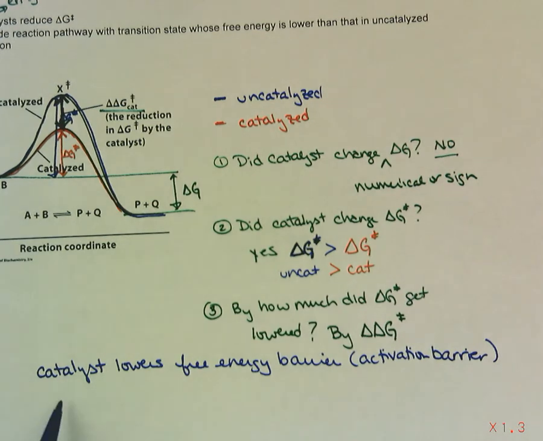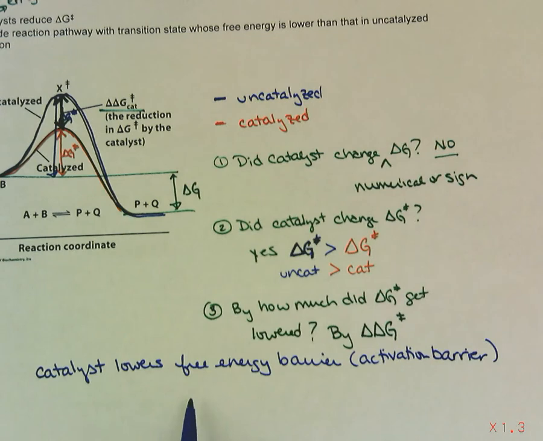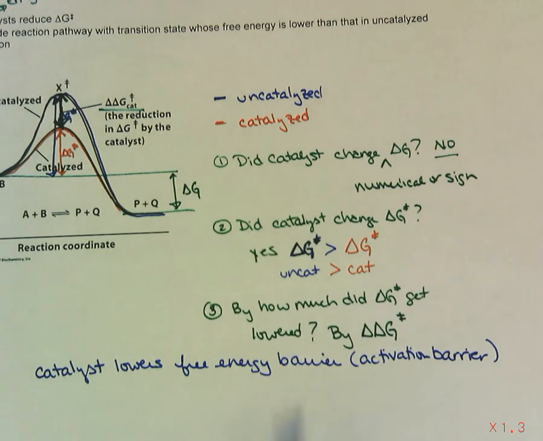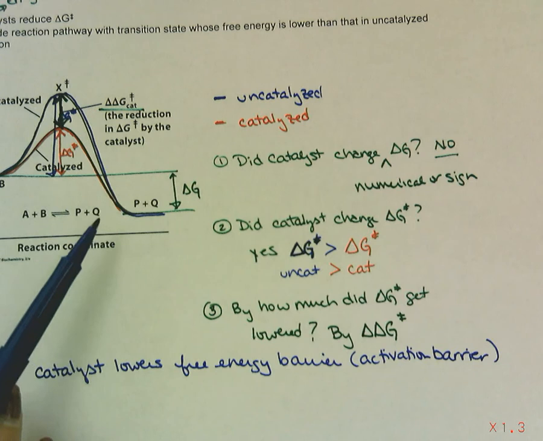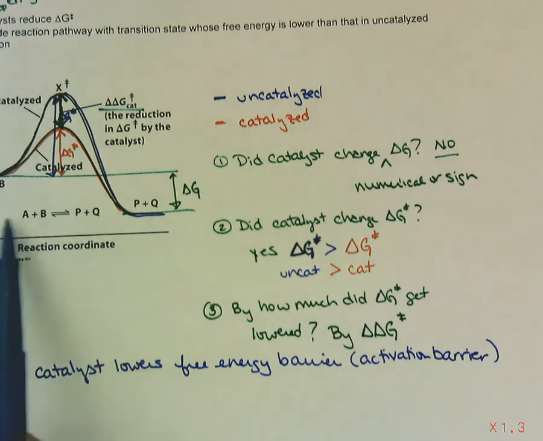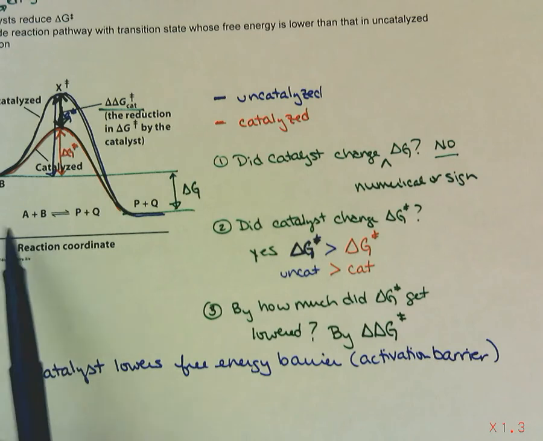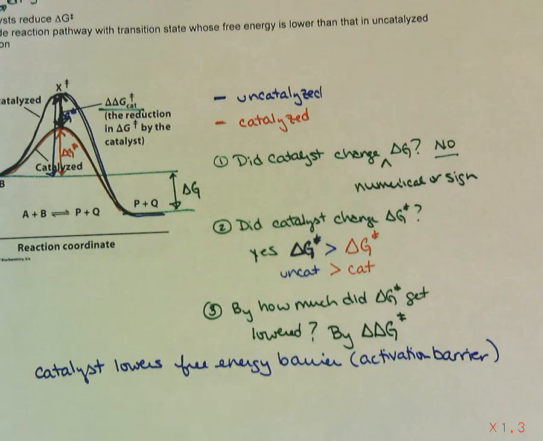So a catalyst lowers the free energy barrier or the activation energy. Now, there's an equilibrium, right? So if I'm going in the forward direction, we said it was spontaneous. What about going in the reverse direction, spontaneous or non-spontaneous? Non-spontaneous. Did the catalyst lower the activation energy the same amount if I went forwards or backwards? It did, right?